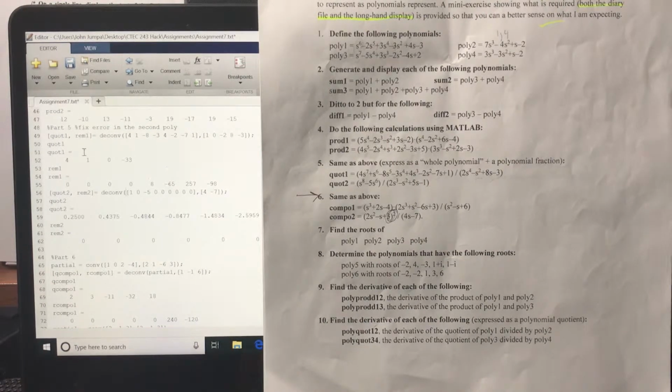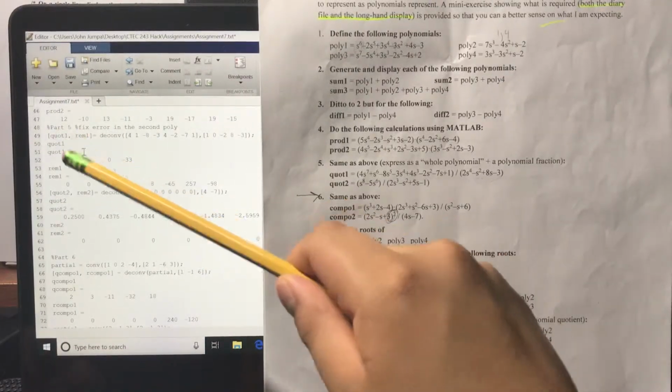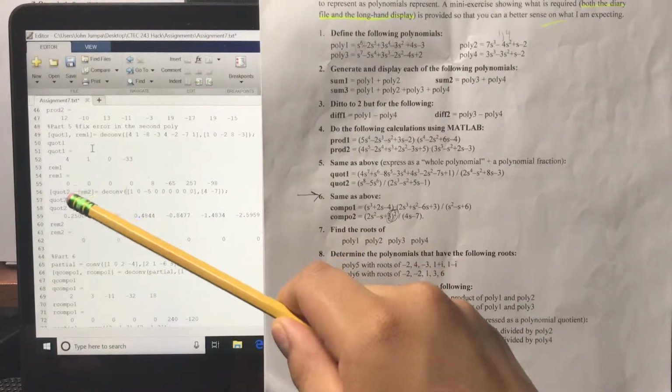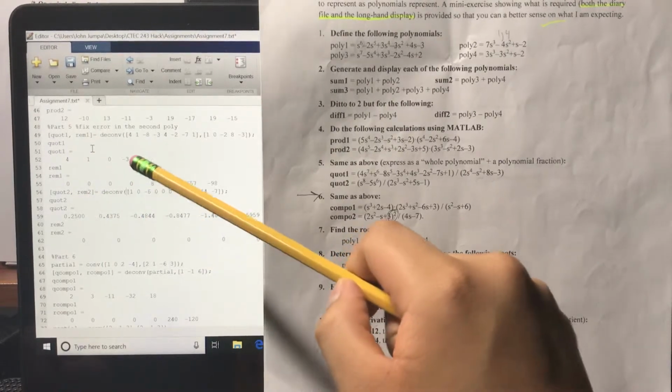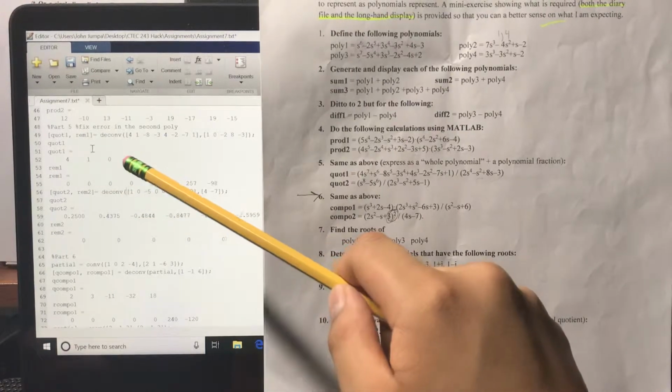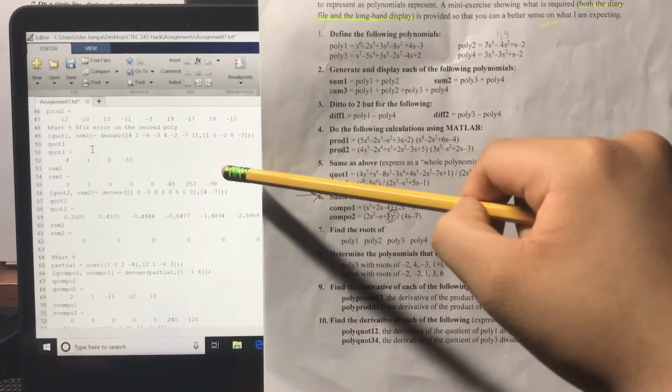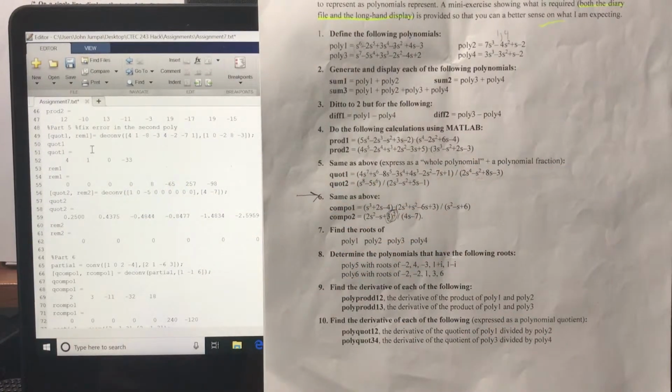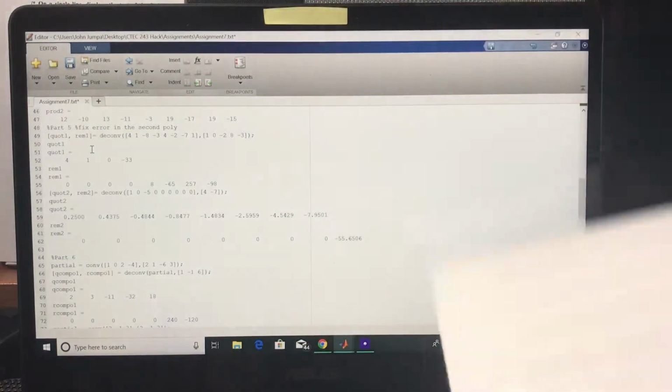And then you write quo1 to get the answer of the first part of the division, and then you get the remainder. And notice here actually 4, 0 1 0 0 0 negative 3. The reason why these 4 are 0 is because you get your answer here, and then this is the remainder. As again, you'll see in the next one.